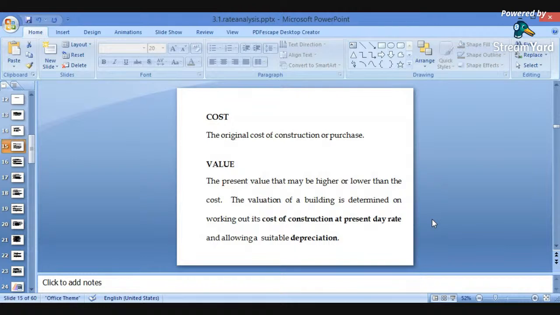There will be wear and tear of the structures. Coloring may be removed, or plastering may be removed. So there will be wear and tear of the structures, and the depreciation cost will also be placed. Depreciation also plays an important role.